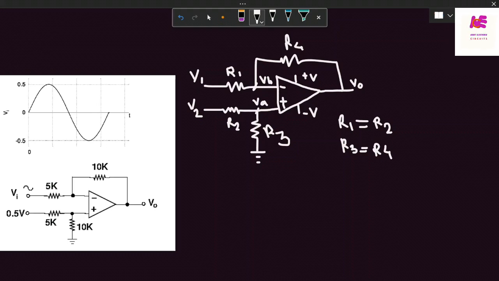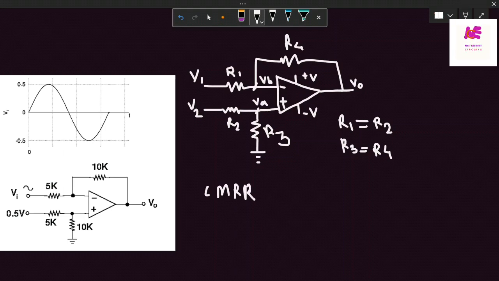Why are we taking R1, R2 equal and R3, R4 equal? The reason is CMRR. CMRR is the common mode rejection ratio, which is the ratio of differential gain to common mode gain.